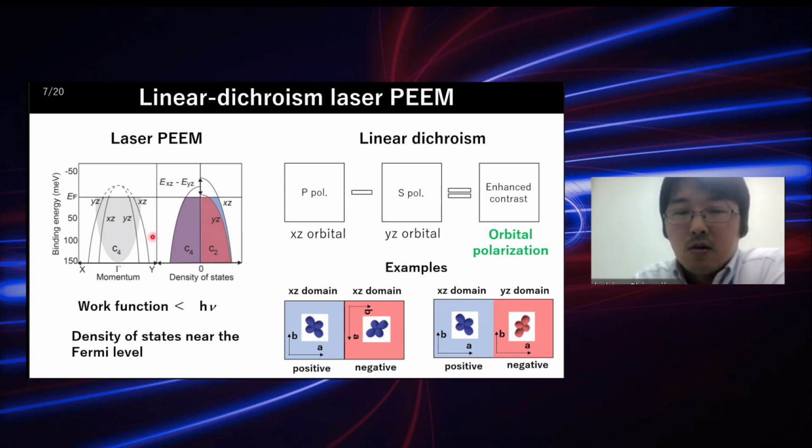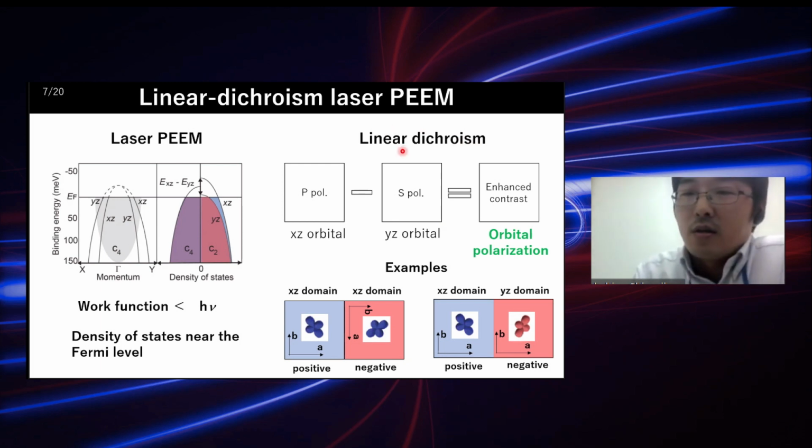In iron-based superconductors at high temperatures, the XZ and YZ density of states are equivalent, but in the nematic state, these two show a difference near the Fermi level. Based on this picture, we would like to use the linear dichroism method for the measurement.